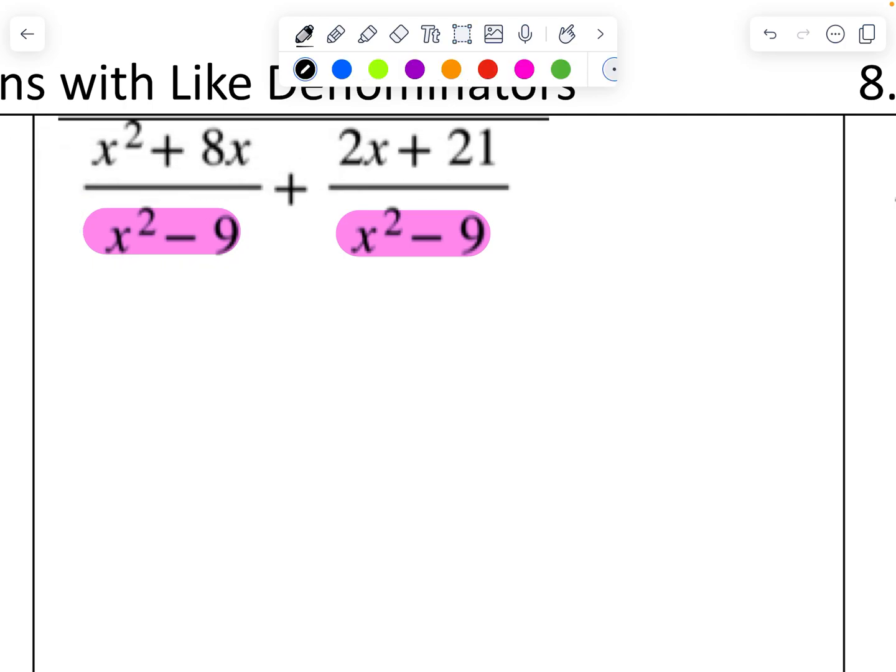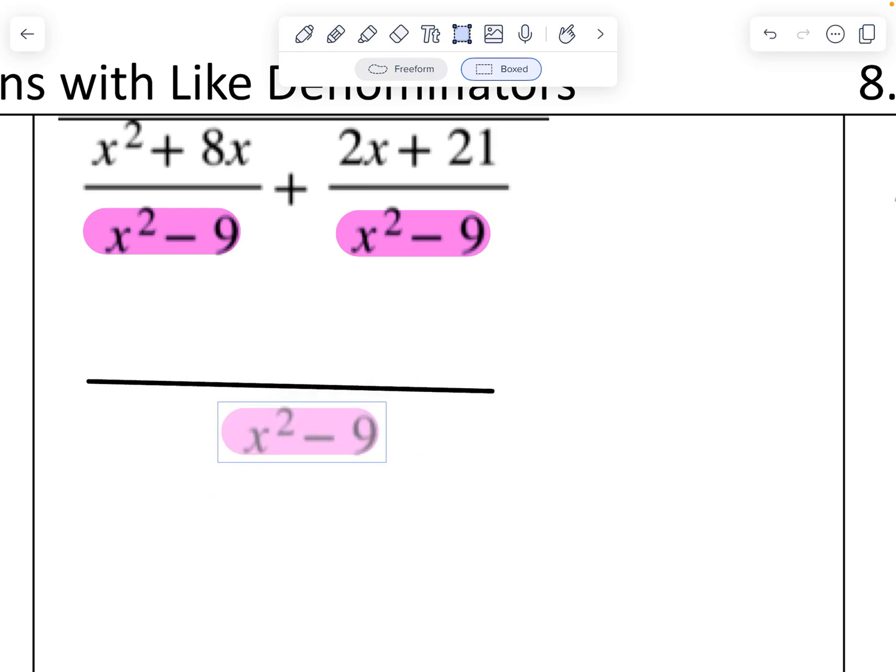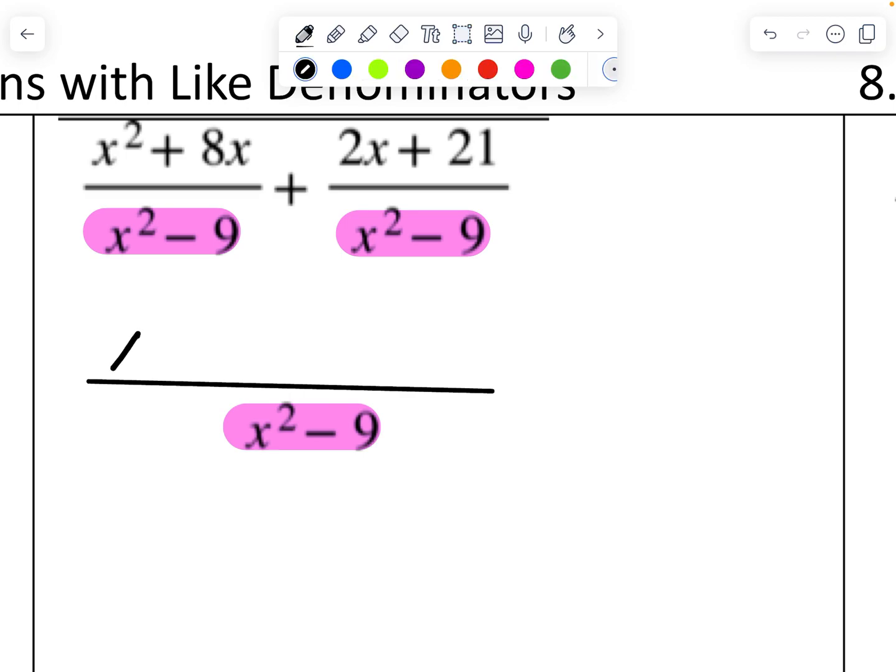So all we're going to do is give ourselves a fraction bar. And we are going to put our denominator down there, right there. And then we're going to make a record of our numerator. And our numerator is x squared plus 8x plus 21. Nope, sorry. Plus 2x plus 21.